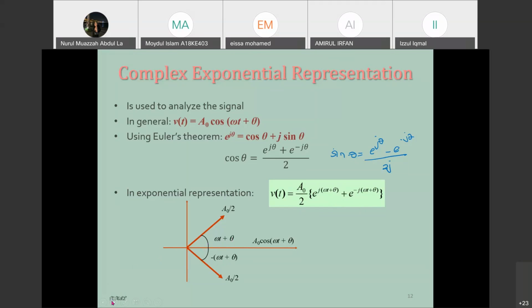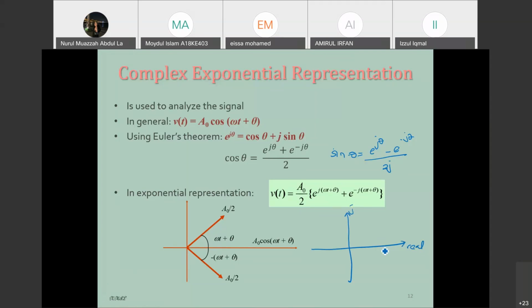In the complex graph, if you refer to the notes that I have uploaded, we have coordinates. This is the real number, and this is the imaginary number.